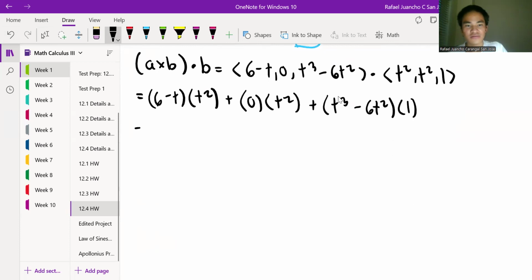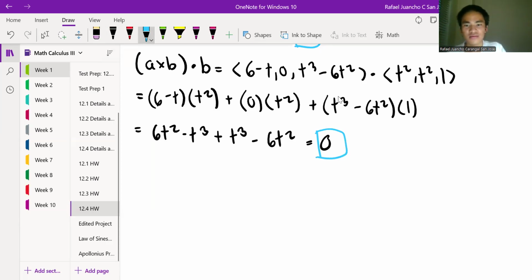So how would this look? Well, we have 6t squared minus t cubed, plus t cubed minus 6t squared, which is basically 0. So yes, the vector is orthogonal. Here we're gonna hit submit, see what happens.